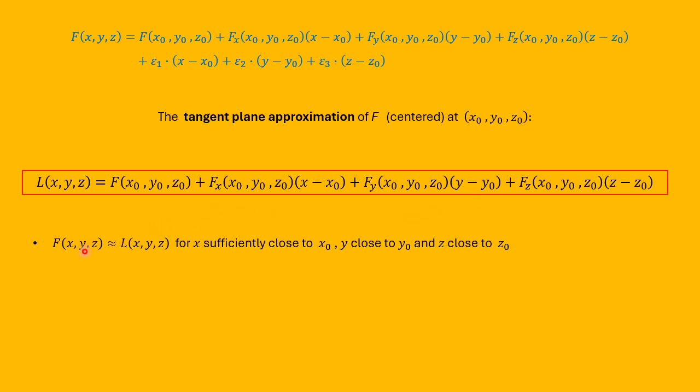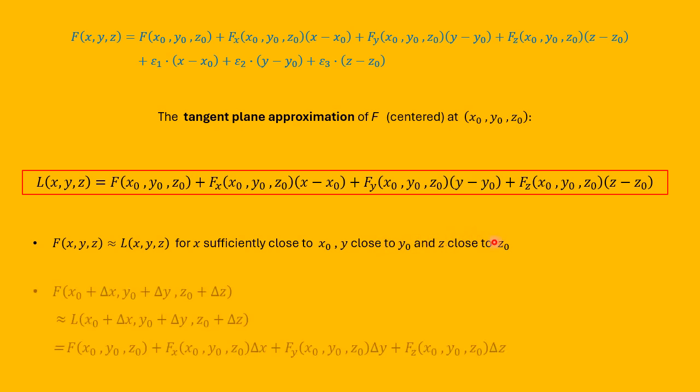So in that case, what we can say is that f of xyz is approximately equal to L of xyz for x sufficiently close to x0, y sufficiently close to y0, and z sufficiently close to z0. We could also write it this way: f of x0 plus delta x, y0 plus delta y, z0 plus delta z is approximately L of x0 plus delta x, y0 plus delta y, z0 plus delta z, and then that would be equal to, just using this formula up here, where this factor would just be delta x, this factor would be delta y, and this factor would be delta z.